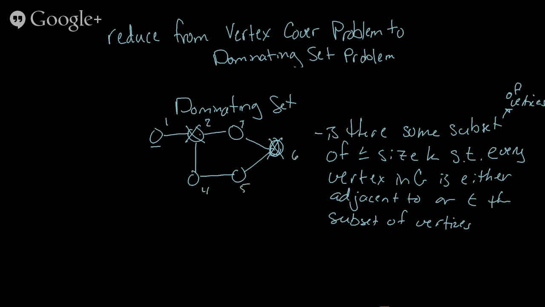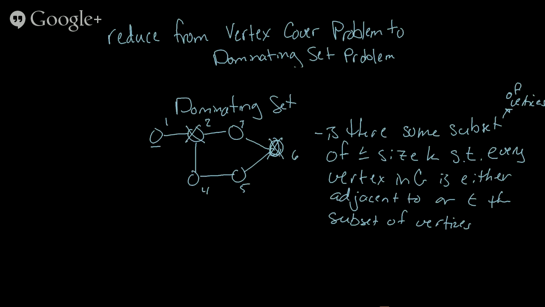Number 1 is adjacent to 2, number 2 is number 2, number 3 is adjacent to 2, 4 is adjacent to 2, 5 is adjacent to 6, and 6 is number 6. So you can see it's kind of the same problem, but it's not exactly, because here our minimum k would only be 2, whereas in the graph before the minimum k was 3.